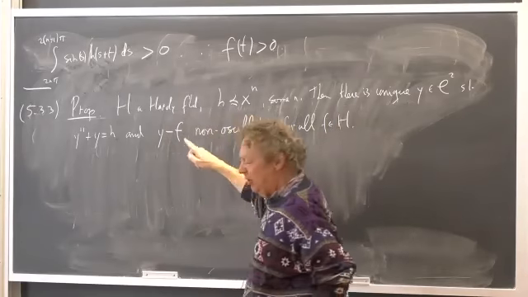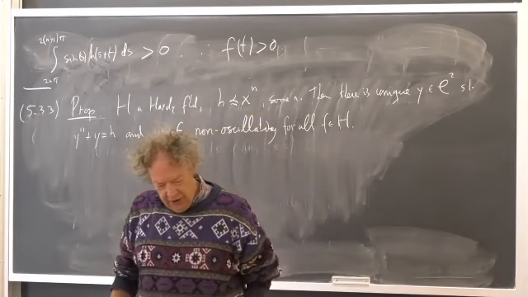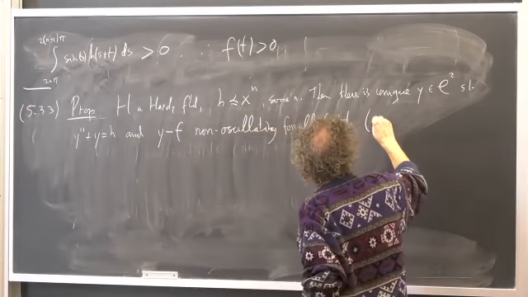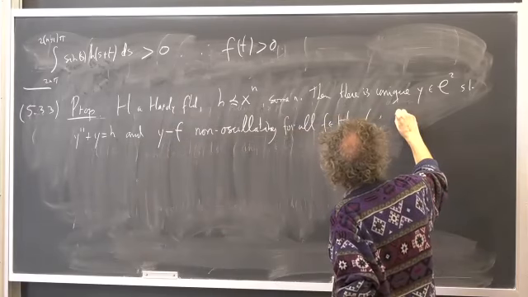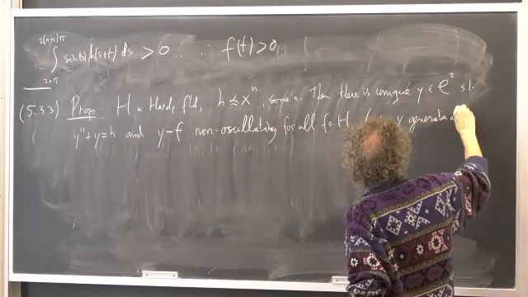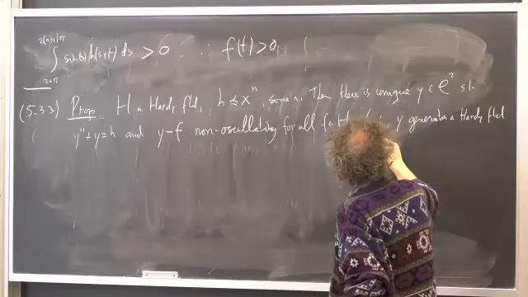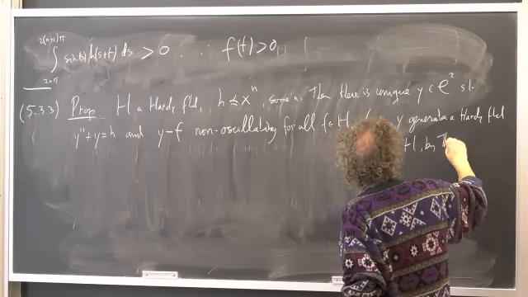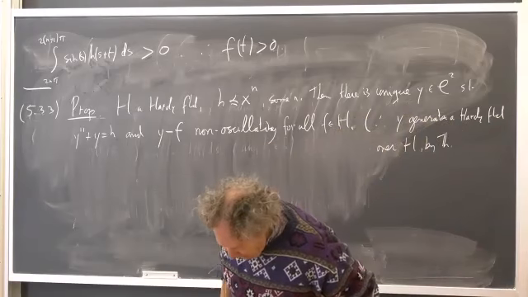And then by the theorem that we proved, this means that it generates a Hardy field over capital H. Therefore y generates a Hardy field over H by the theorem of last time, Theorem 5.1.3.